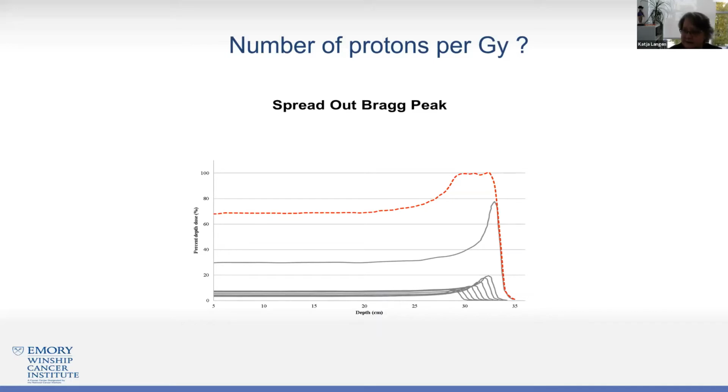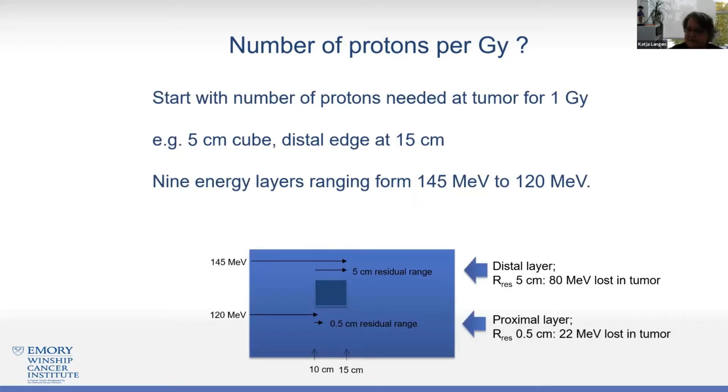The highest energy proton forms the distal edge, and that's usually the heaviest weighted peak. And the peaks with lower energy towards the entrance site have lower weight. So once you know this, you can do some back of the envelope calculations about numbers of protons that are needed.